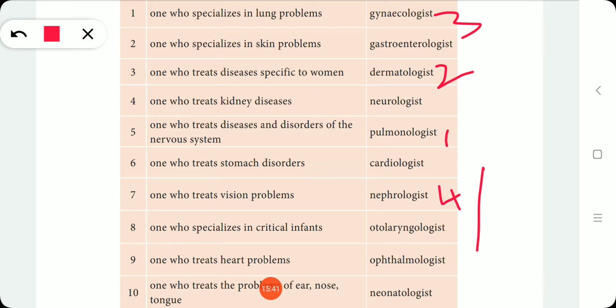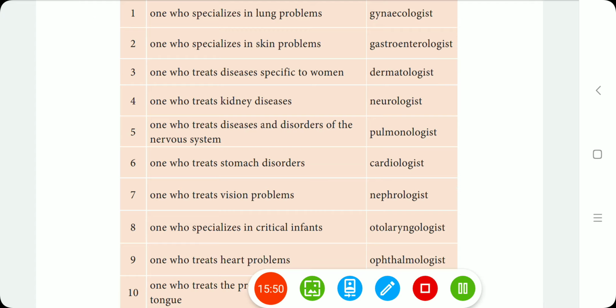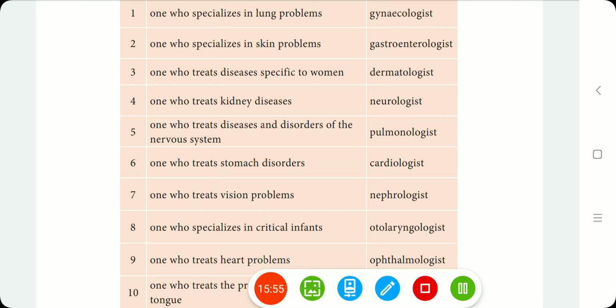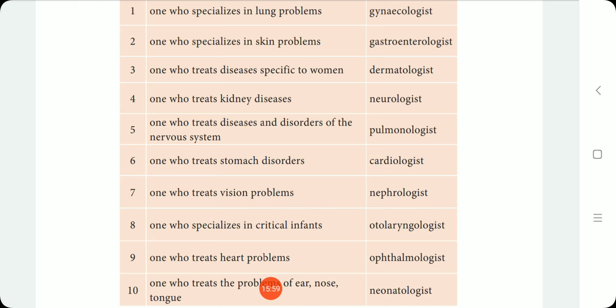One who treats diseases and disorders of the... So listen, one who treats kidney diseases, we call them nephrologist. One who treats diseases and disorders of the nervous system, neurologist.